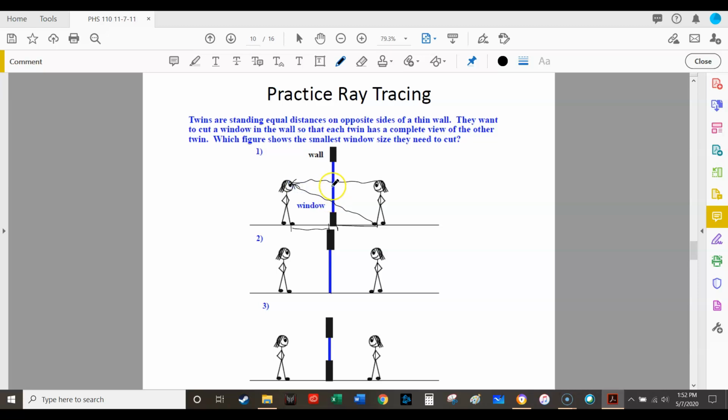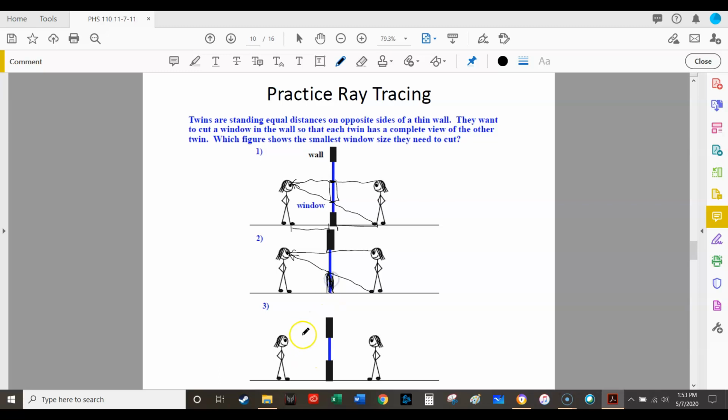Well, if you look at that, that window right there is about half the height of that person. Same thing here. Your twin is emitting light and going into your eyes, and this one is emitting light and then going into your eyes. Again, you only need a window that size, right?